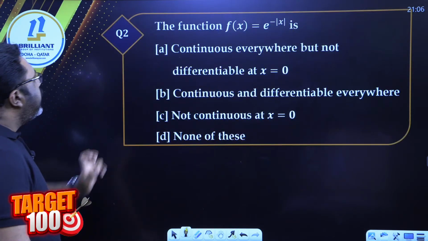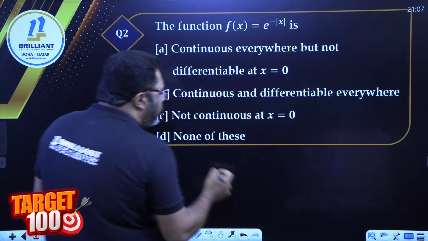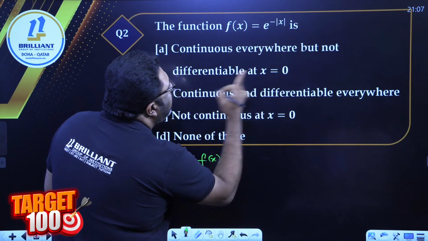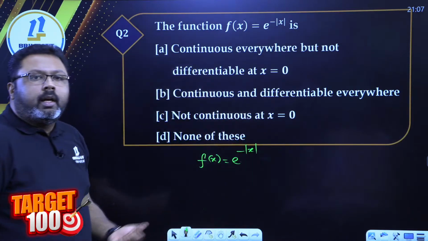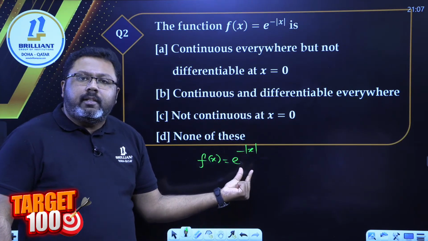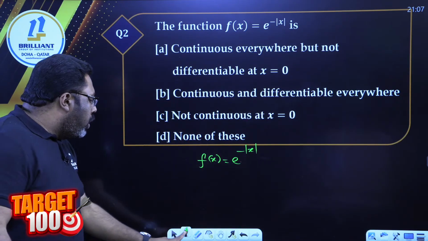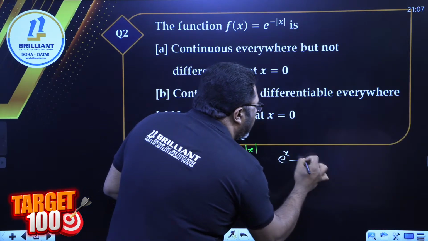Let's move forward to the second question now. A very similar question. It's about a function represented by f of x is equal to e raised to negative mod x. Here again you see a modulus, right? But along with the modulus you see another function called e. Remember, e represents an exponential function.